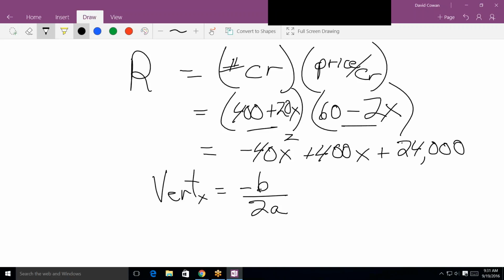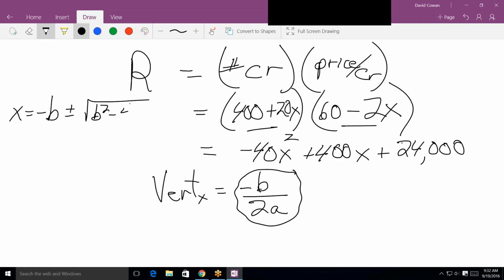But if I'm trying to find the vertex, this is the most direct way to get the vertex. And if you forget this, notice what the quadratic formula is. Minus b plus or minus the square root of b squared minus 4ac all over 2a. Bingo, it's the very bottom left fraction.